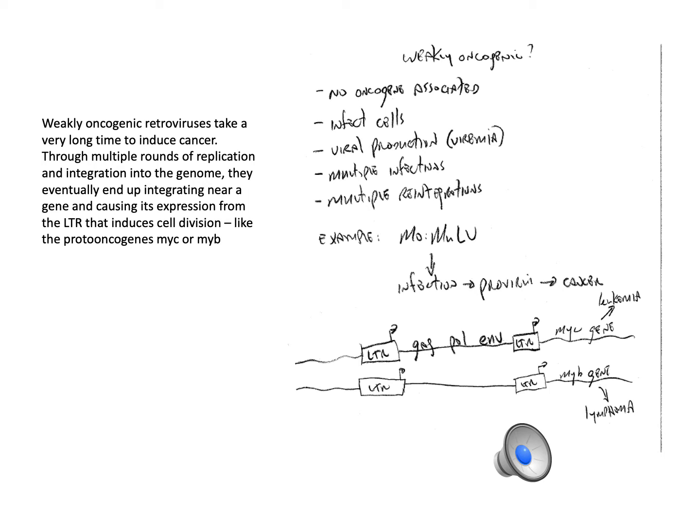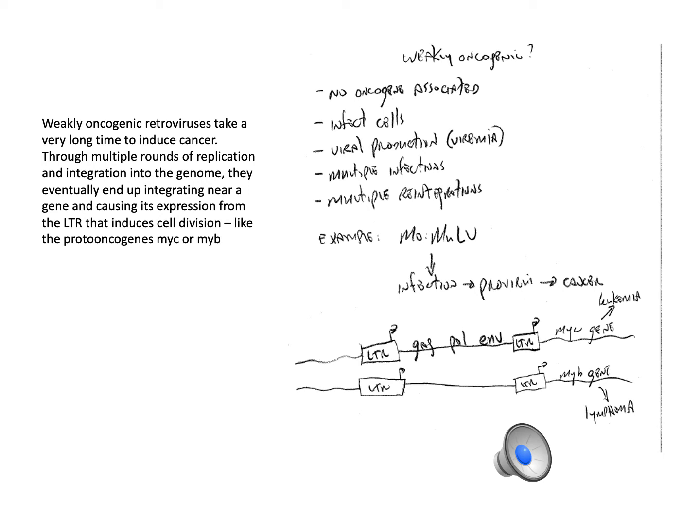Now, in some cases, the virus doesn't cause leukemia, it causes lymphoma, which is a different kind of cancer, but it also takes 6 to 9 months in mice. So now, if we look at lymphoma cells and isolate the DNA and analyze the viral provirus and ask what's unusual about it, it turns out that in the tumor cells, when we look at the right-hand LTR, it's integrated next to the MYB gene.